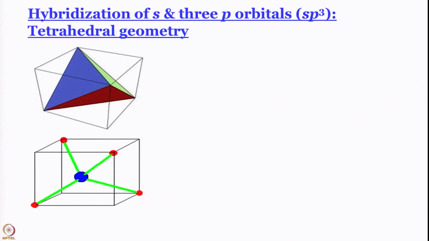So, what should the coefficients be? Before showing you the results, let me just work it out. Our expression will be something like this: psi hybrid is equal to C1 psi 2s, and I want equal contribution from each of the p orbitals.